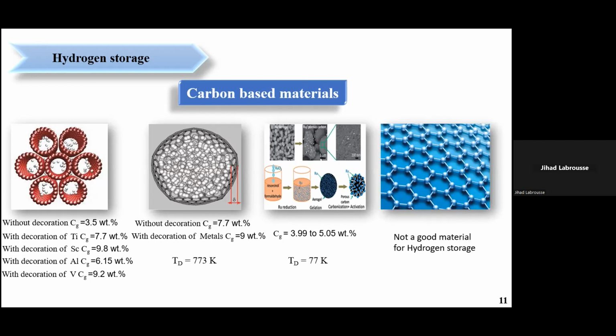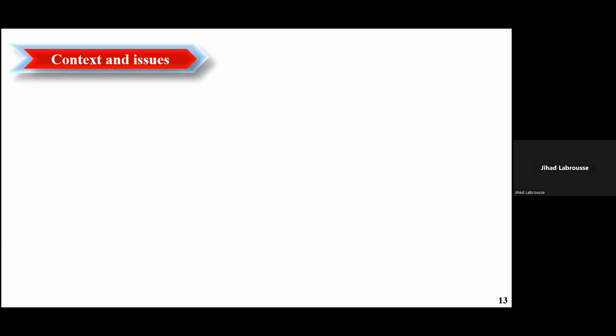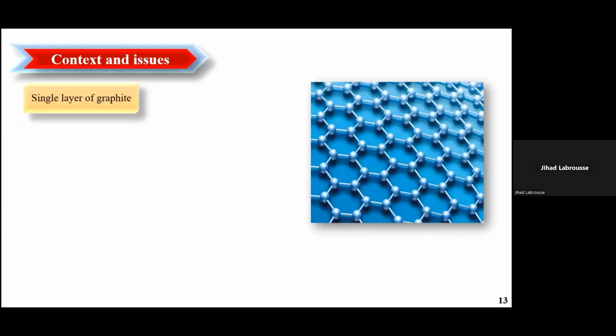Let me just talk a little bit about graphene. Graphene is a single layer of graphite that has been isolated from a thicker part or grown into a single layer. In this material, the distance between two carbon atoms is 1.42 angstrom with an angle of 120 degrees, which means that our material has a hexagonal structure.